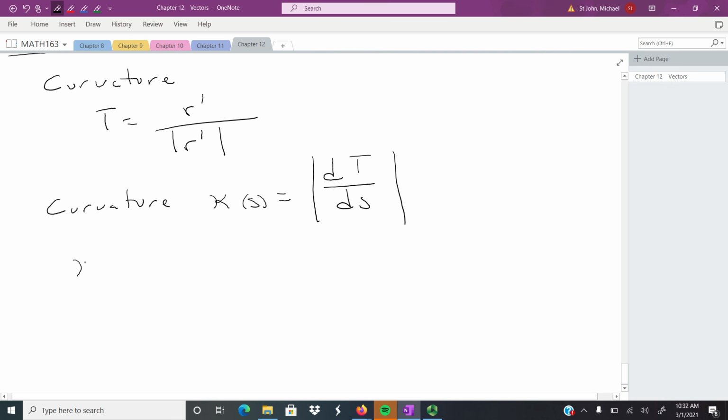And then they write this another way: it's 1 over the magnitude of v, times the magnitude of dT over dt, which equals the magnitude of T prime over the magnitude of r prime t.